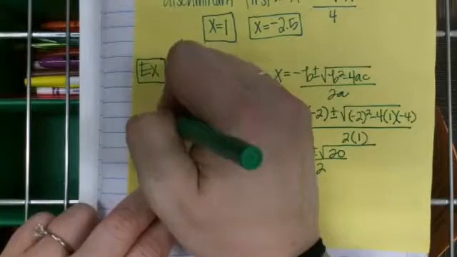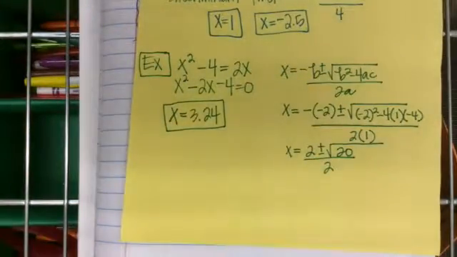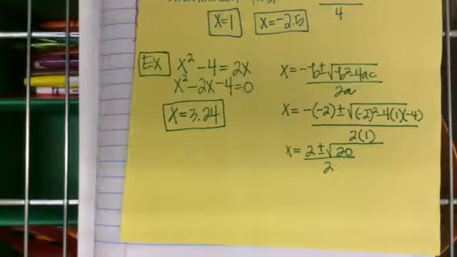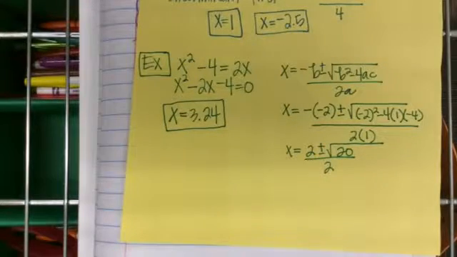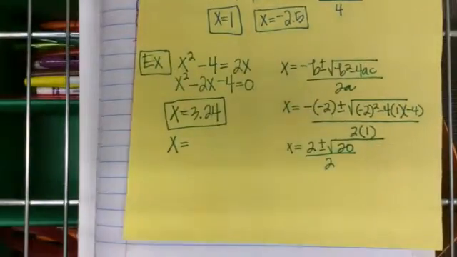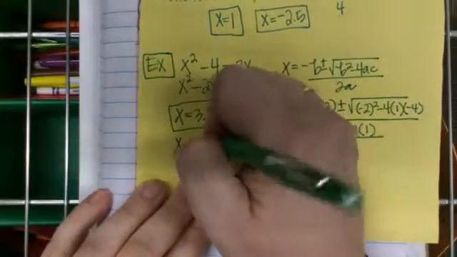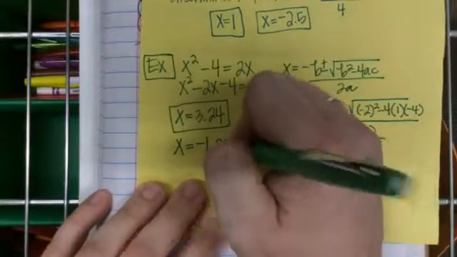All right, do it again, but this time instead of adding 2 plus radical 20, 2 minus radical 20 divided by 2. 2 minus radical 20. Dean, what'd you get? 2.4.